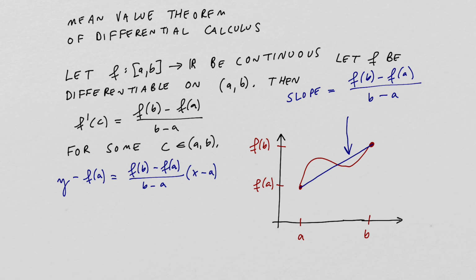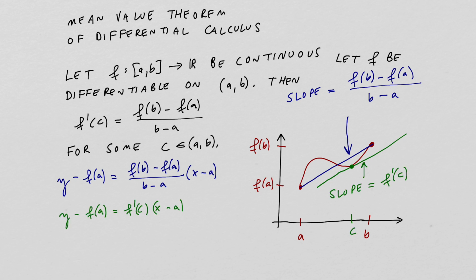On the other hand, we can draw some tangent lines on top of the graph of the function. If we choose the tangent line correctly, we can make it to be parallel to another line.